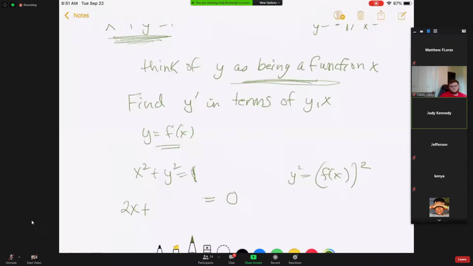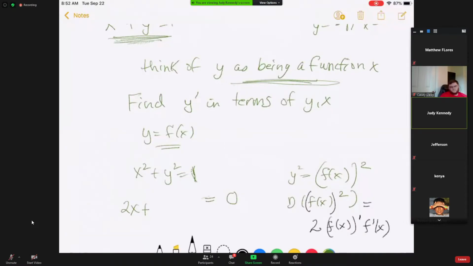So the derivative of a function squared, the inside is f of x. The outside is the squaring function. So I'm going to use the chain rule: 2 times the inside to the first power times the derivative of the inside.